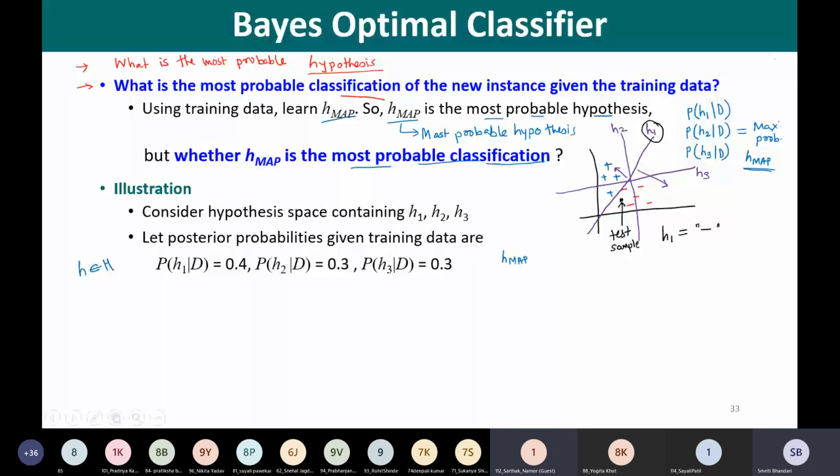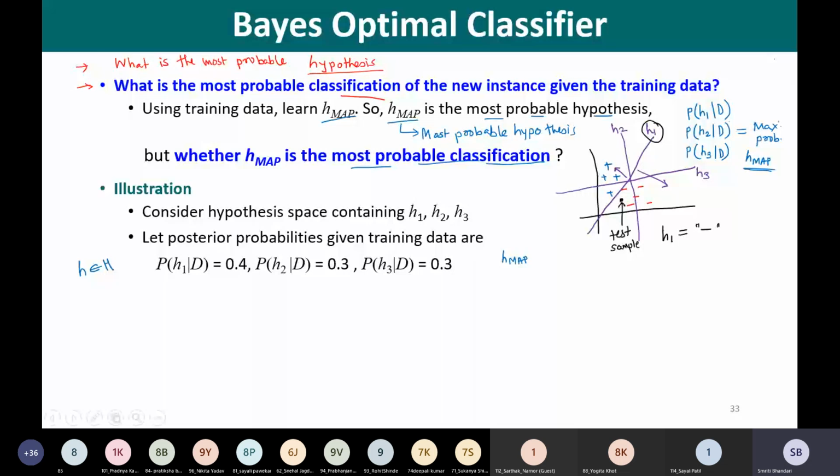Yes. Fine. So, if I am having many such hypotheses in my hypothesis space, every hypothesis may result in a different class label. Not necessarily always, but it may happen.